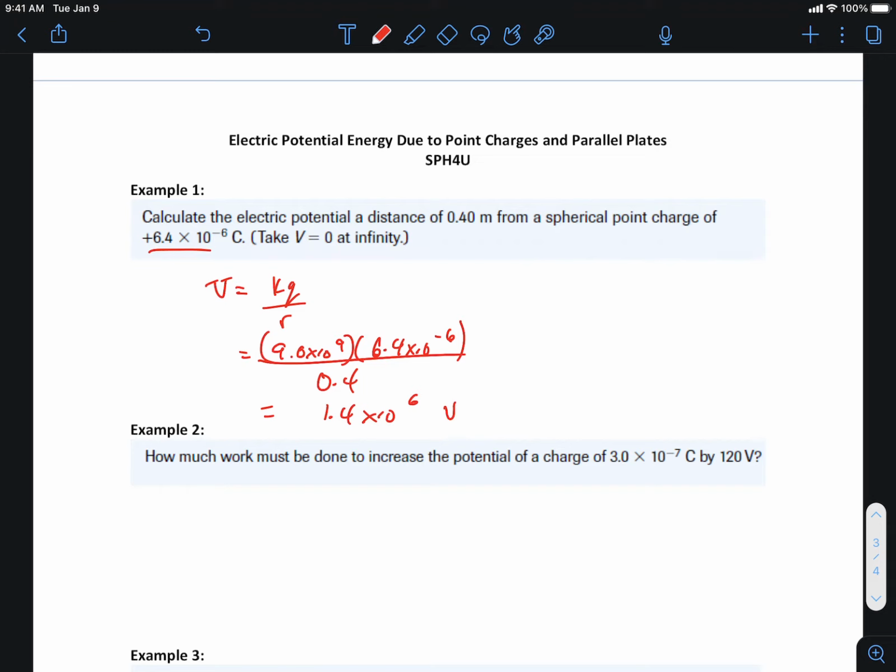And remember what this is. I'm just going to write a little here.